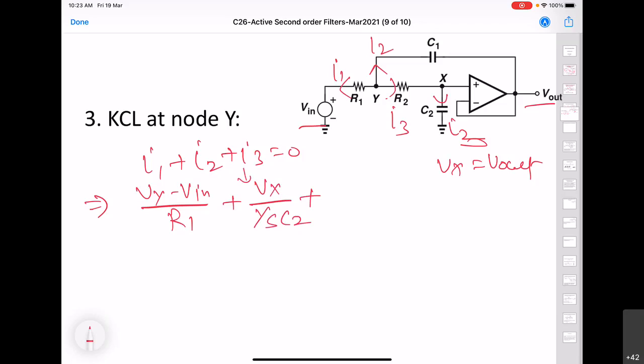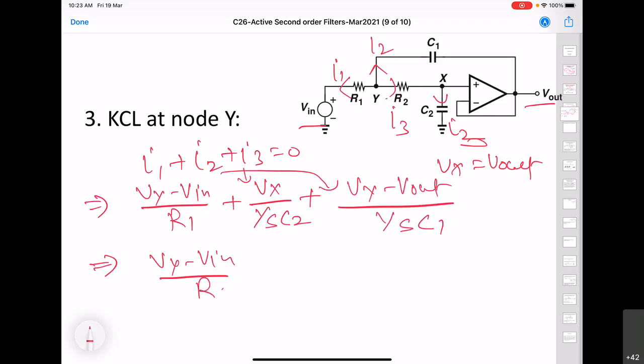I made a mistake, this is I3, and I2 I'm going to write here, which is (Vy minus V out) divided by 1 by sC1. So this becomes (Vy minus V in) by R1 plus Vx, which is V out, into sC2, plus (Vy minus V out) into sC1 is equal to 0.